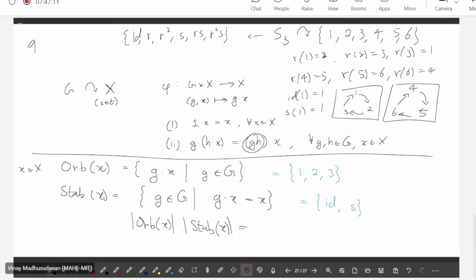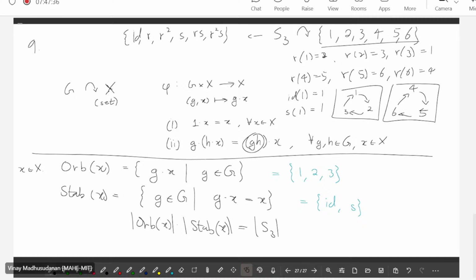This is equal to, okay, it's actually confusing because I took the set also of size 6. So misleading, sorry, but it's actually the order of S3. Okay, I have to prove it. It is the order of S3, nothing to do with X. Unfortunately, I should have taken 7, 8, 9 also and defined it similarly. Obviously, I can take 7, 8, 9 and define it like this.